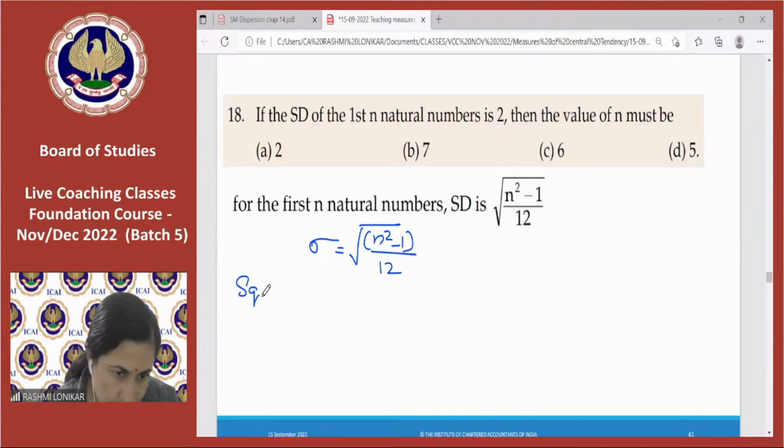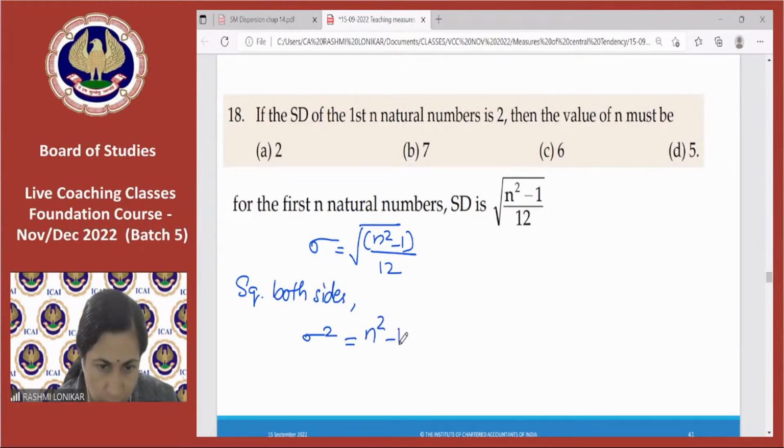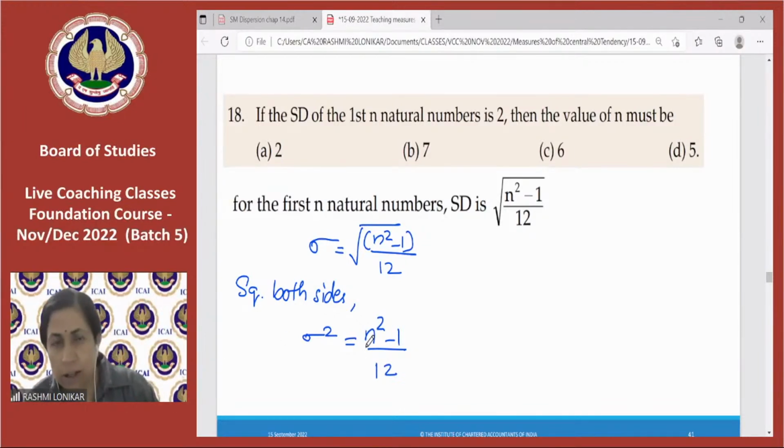Okay, squaring both sides, I get sigma square is equal to n square minus 1 upon 12. If you are not comfortable with using sigma, you can use s also. But I have constantly been using sigma, so I keep using this symbol. So if you want, you can write it as s square is equal to n square minus 1 upon 12.